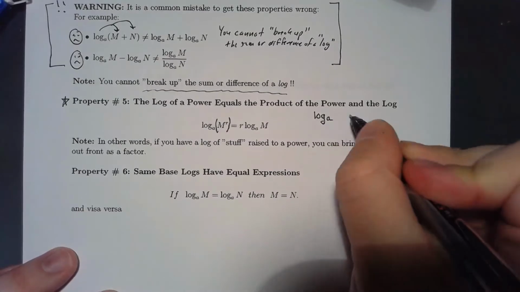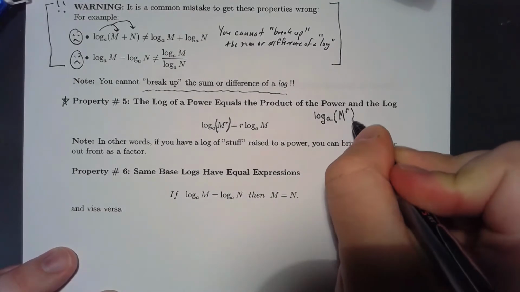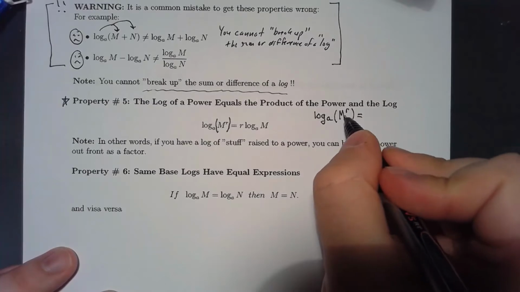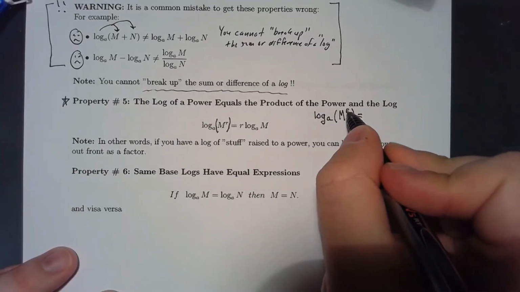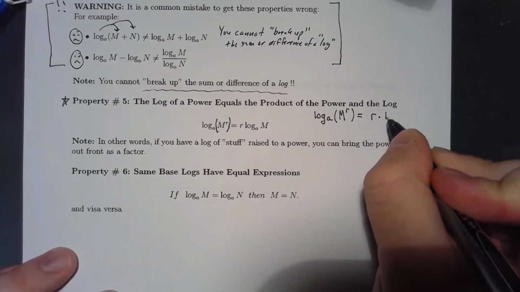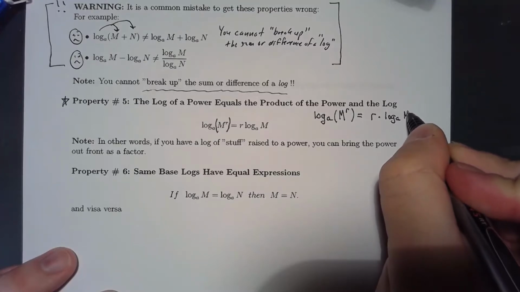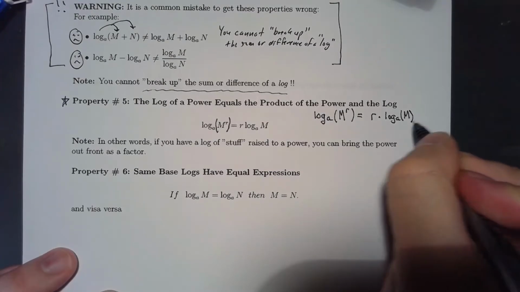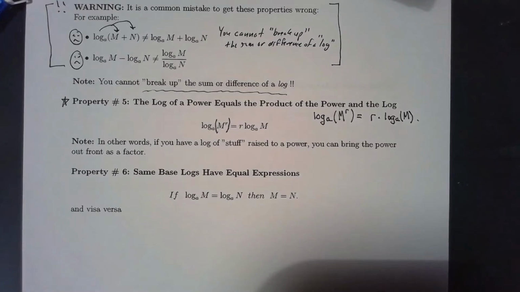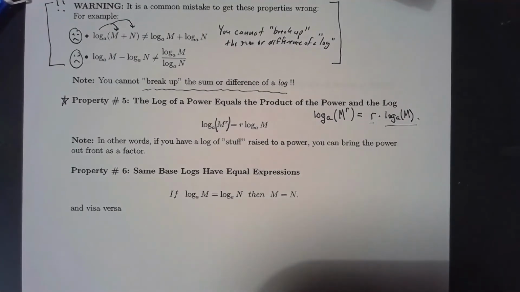If I have log of some base, and in that logarithm, I have m to the r power. So if anything inside the logarithm is raised to a power, I could bring that power out front and write it as r times log base a of m. I could do that. And this is just a product right here. All right.